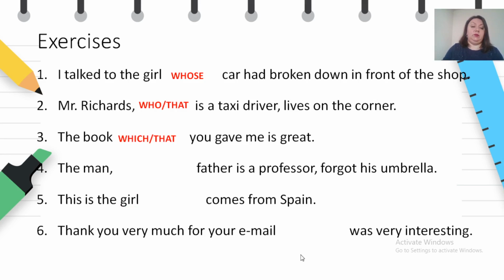The book which or that you give me is great. Имаме предмет на почетокот на реченицата, после него ја употребуваме односната заменка which, која може да биде заменета со односната заменка that. The man whose father is a professor forgot his umbrella.